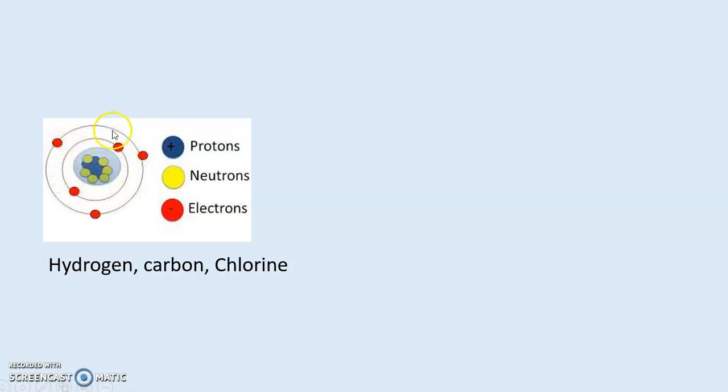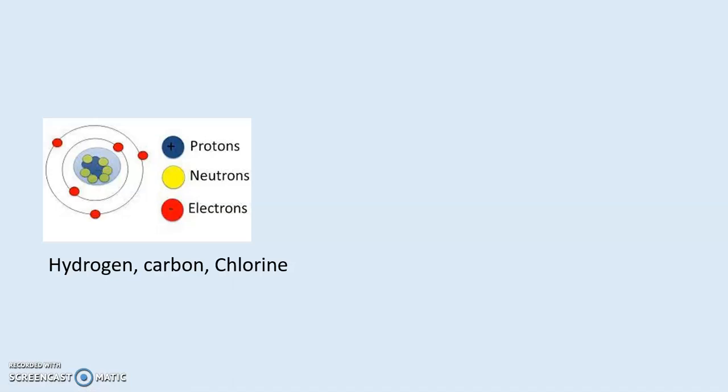Then you have the second shell, which consists of 3 here. The maximum on the second shell is 8. So the total number of electrons is 2 on the first shell and 3, so that's 5.